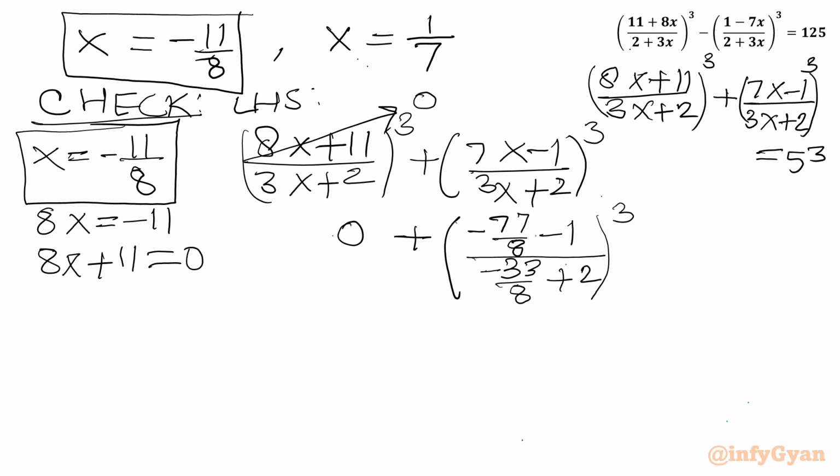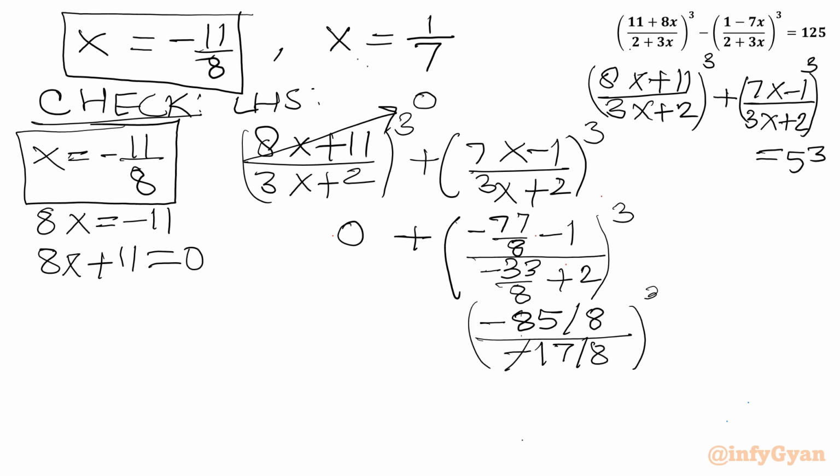Now negative 77, negative 8. It will be negative 85 over 8. Denominator will be minus 33 plus 16. So minus 17 over 8 whole cube.